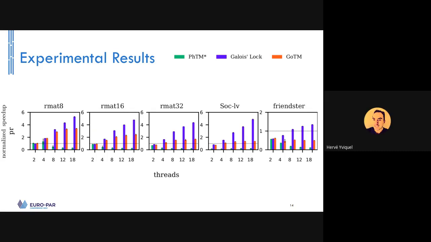And it's bad mainly because this PageRank application has very large transactions. It is unable to use hardware TM as much as it can. So we know that one of the drawbacks of software transactional memory is that it doesn't scale very well. There is an overhead. So for this particular case in PageRank, our results are not good.